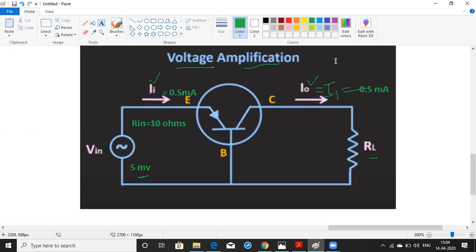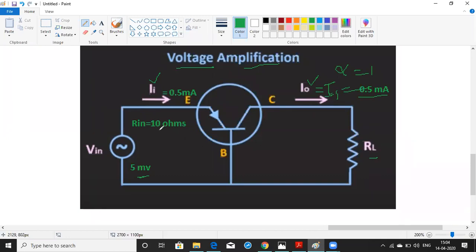Then I naught is equal to alpha times I, but alpha is 1, therefore you will get 0.5 milliamperes as your output current, the same as the input current. What is the output resistance?